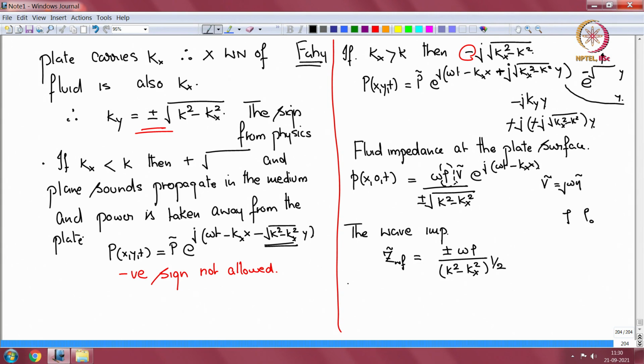Now when kx is less than k, then the fluid impedance is rho 0 c, again I have this tendency, rho c by square root of 1 minus kx over k whole squared. Okay, it's real, and therefore radiation occurs or radiation damping occurs.